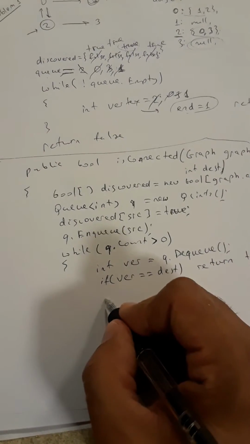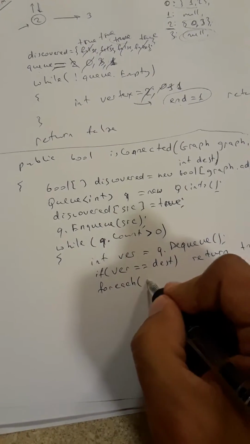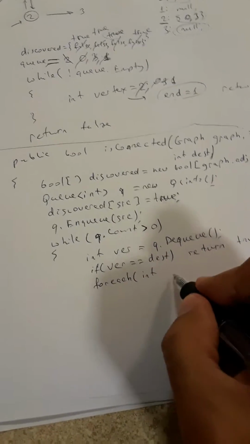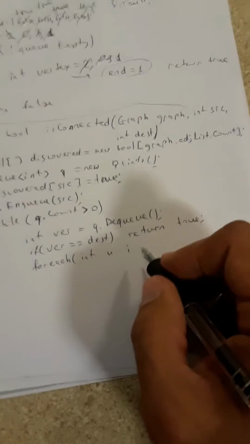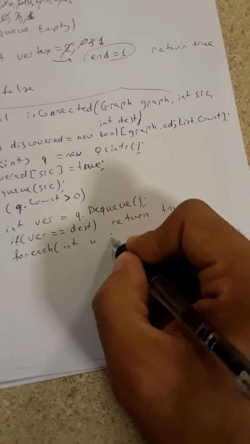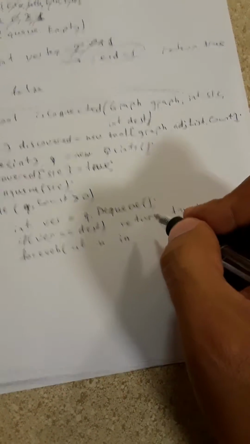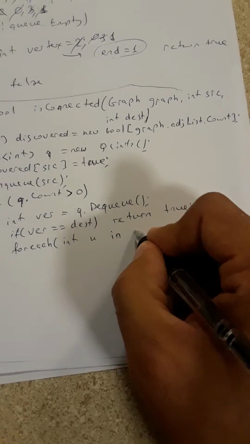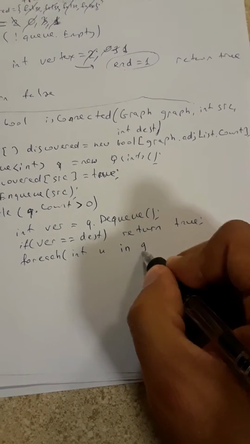If it's not, we'll initialize a for each loop where we go to the list of the graph and check which connections this vertex has in the graph.